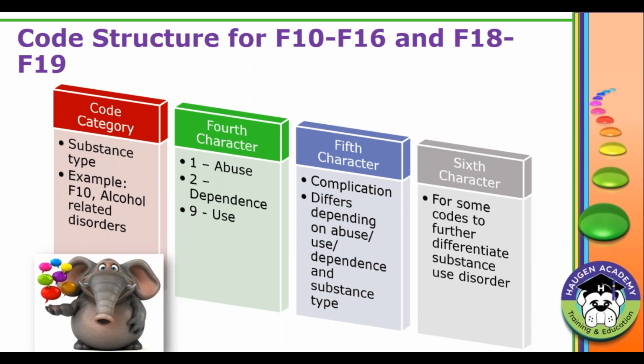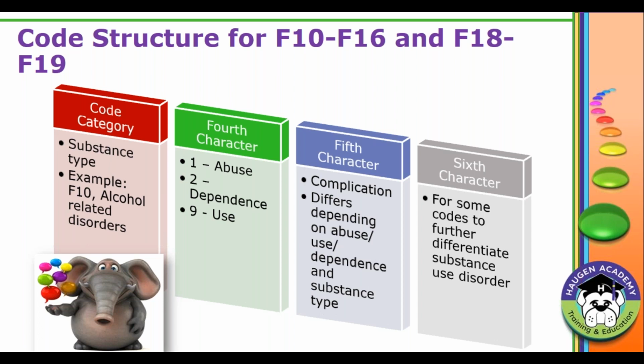Some of the codes within these categories also have a sixth character that helps to further differentiate that substance use disorder, depending, again, on the type of substance that is being used. And my guess is, depending on where you are working and your healthcare population, you're probably very familiar with certain categories here.